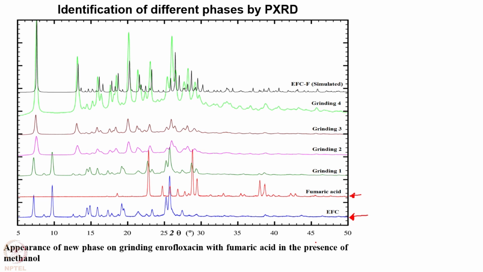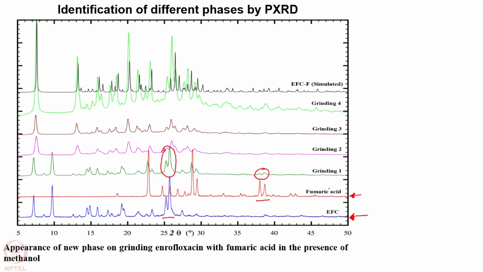So after first grinding, what we see is that the peaks of both drug and co-former are simultaneously present. See, these peaks are from drug, these peaks are from co-former, these peaks are from drug.